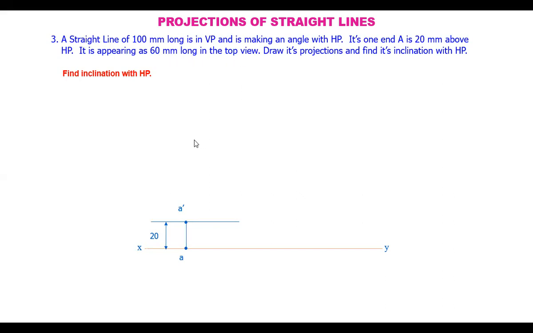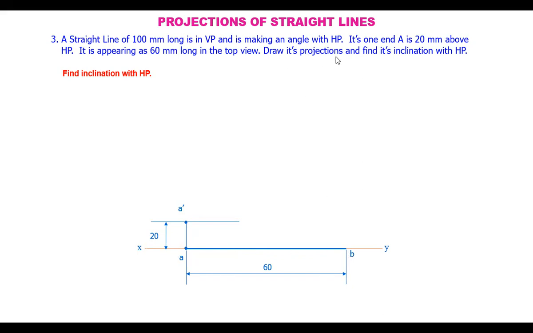So the top view AB is 60 mm. Draw a line of 60 mm long and this point will be B here. Now, we got the top view of the line.